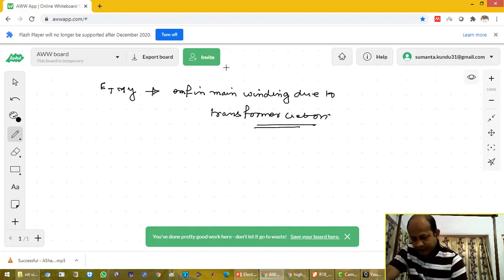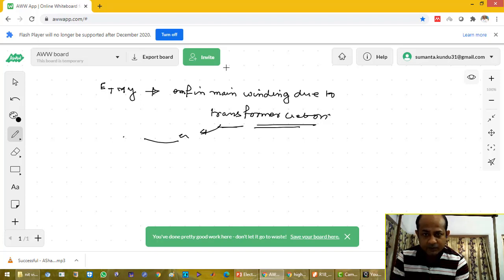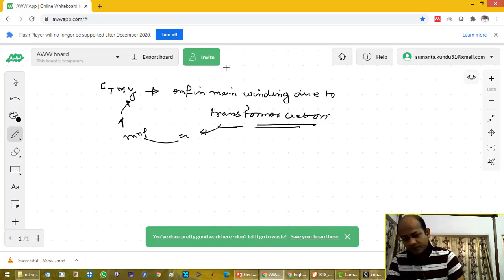Whatever EMF, current, MMF and flux are produced due to transformer action, main winding flux, will react in the y axis or main axis.